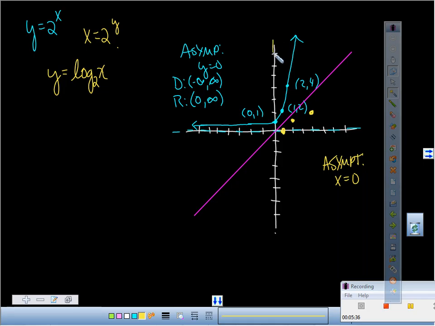So this is what its asymptote looks like. Instead of a horizontal line, it's a vertical line. So this is what it looks like. This is the log function graph.